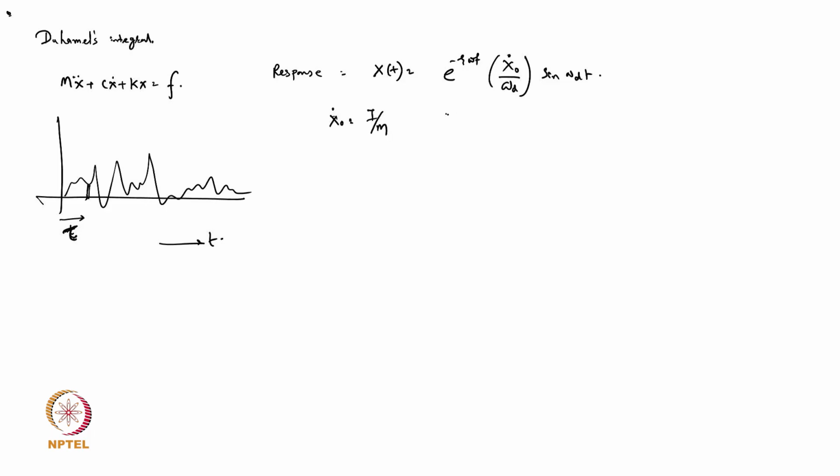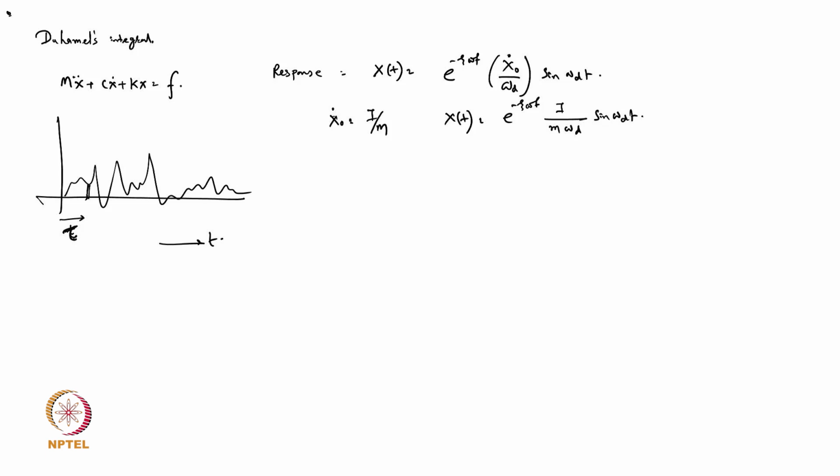Okay, so what can I write? Can I write it? Very good. If I can write that here, please tell me one thing. From where is the t started measuring? From where are we starting to measure the t?